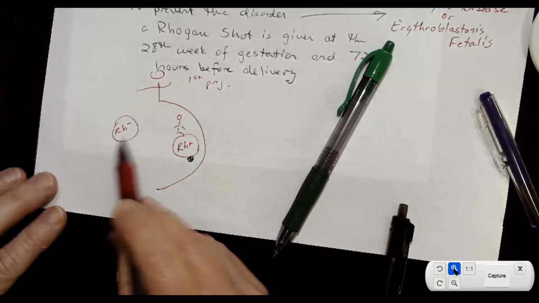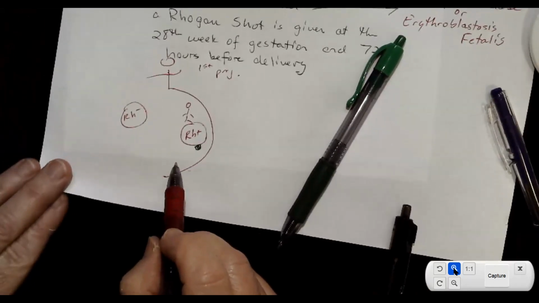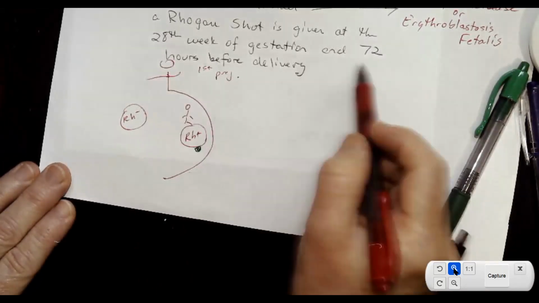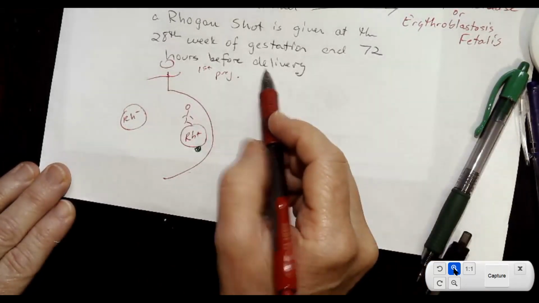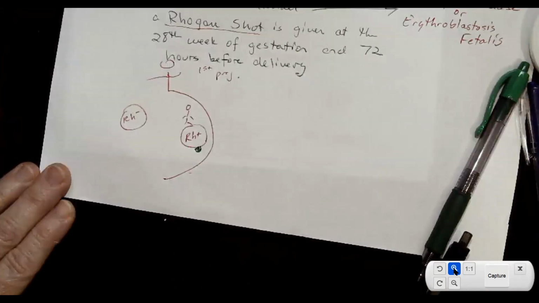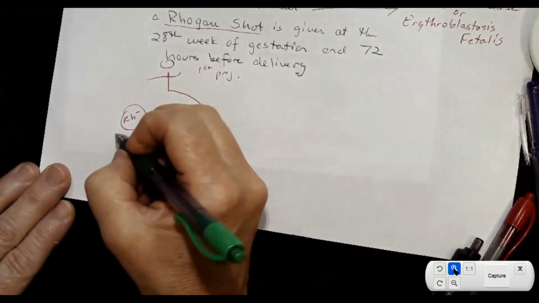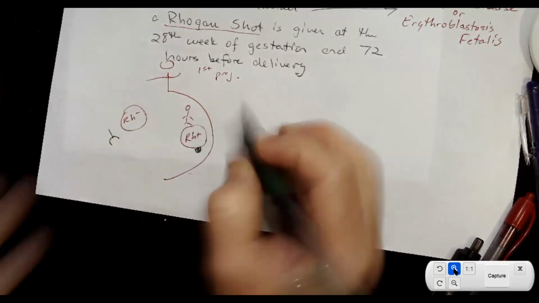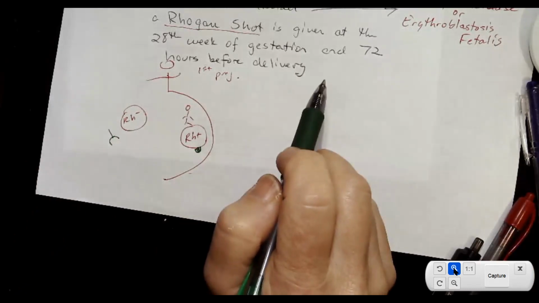She has no D antigens, no Rh antigen on here. So they give it at the 28th week and 72 hours before delivery, just in case. They give a RhoGAM shot. And what is this? This happens to be D antibodies, not made from her immune system. The immune system is not making them.